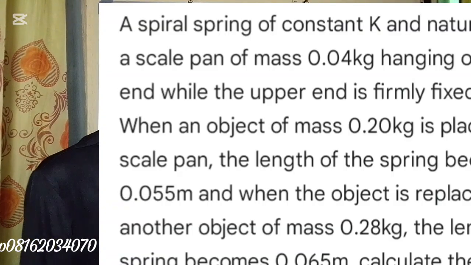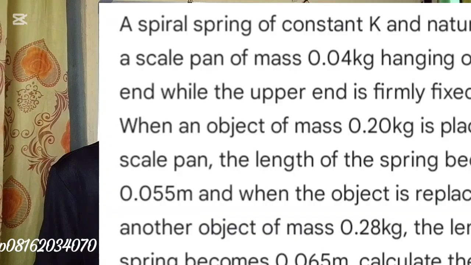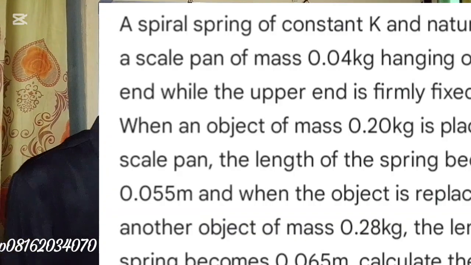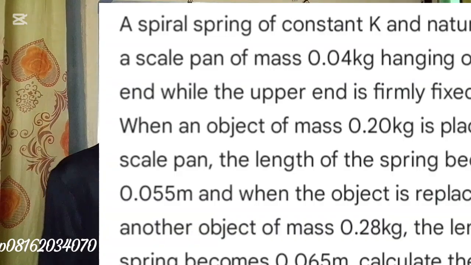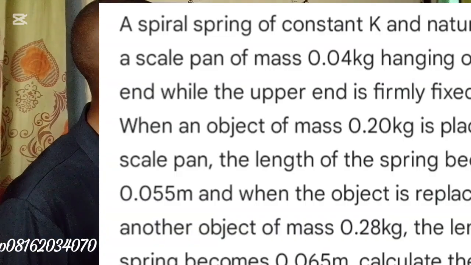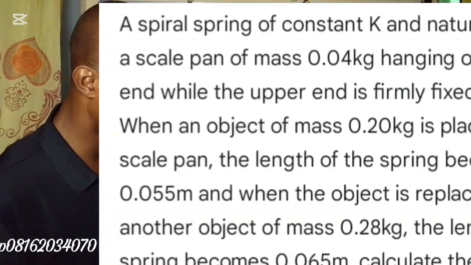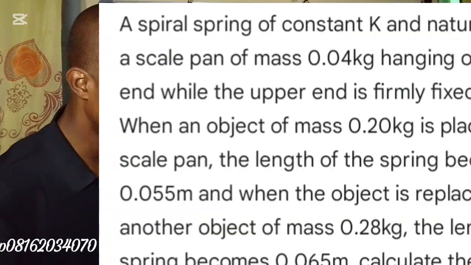And when the object is replaced with another object of mass 0.28 kg, the length of the spring becomes 0.065 meters. Calculate the values of K and L.